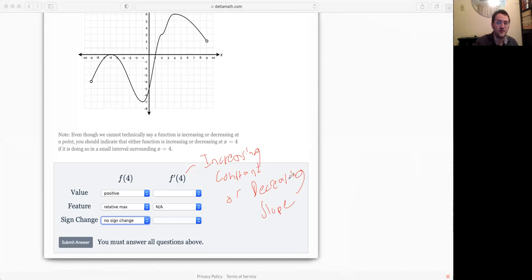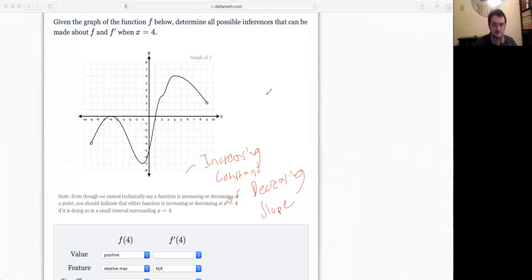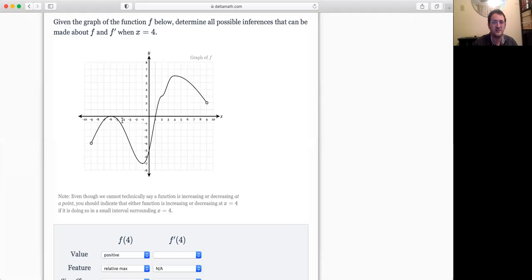It's asking about the slope. So I'm going to just scroll right back up. And at 4, it turns out, sorry about that, our internet just crashed.